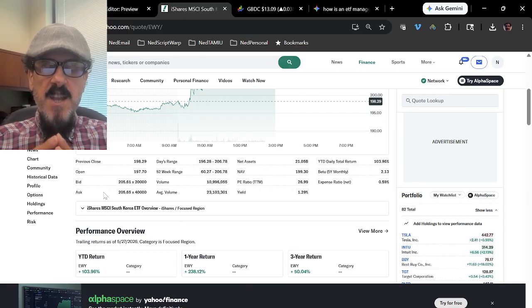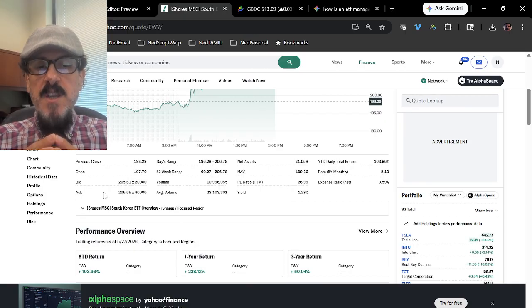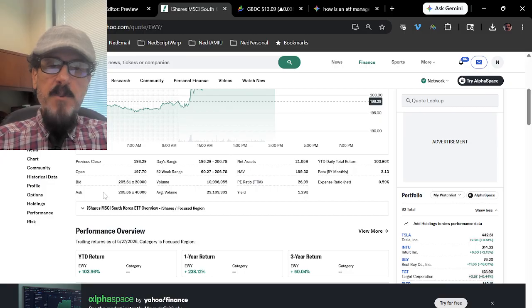The manager has to sell the underlying assets in the fund, and even if you're not one of the ones making a redemption, you have to pay taxes on those transactions. That does not happen with ETFs.